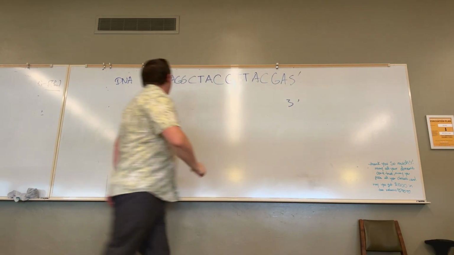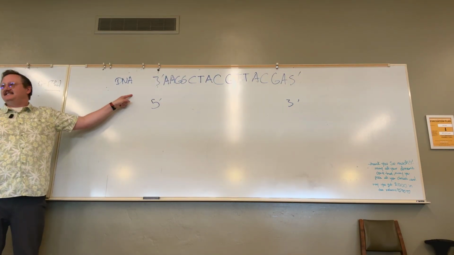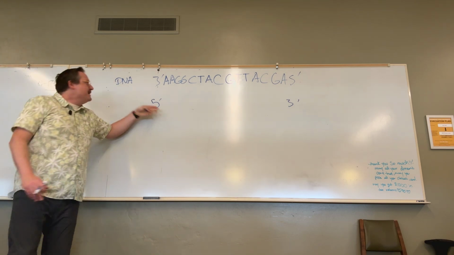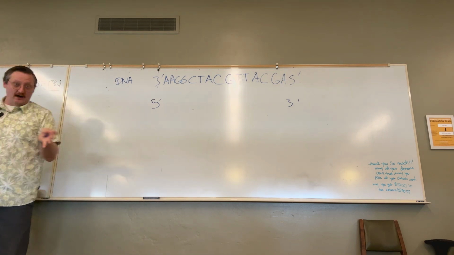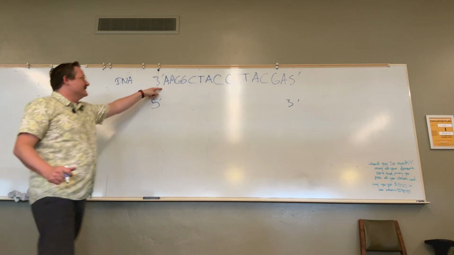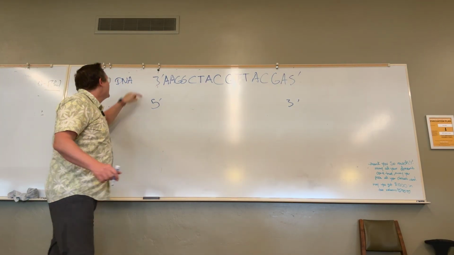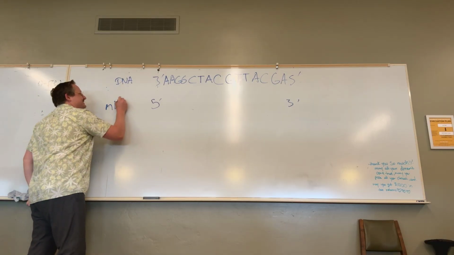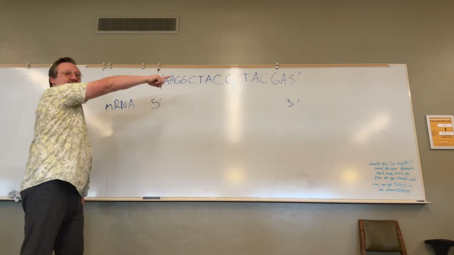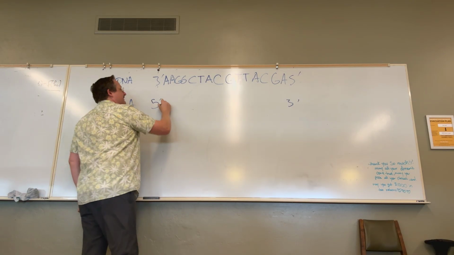That's fine. So if this is the DNA strand, then RNA polymerase will attach here at some primer sequence, we'll talk about that later, and produce this mRNA strand. It's going to be complementary to the DNA strand.